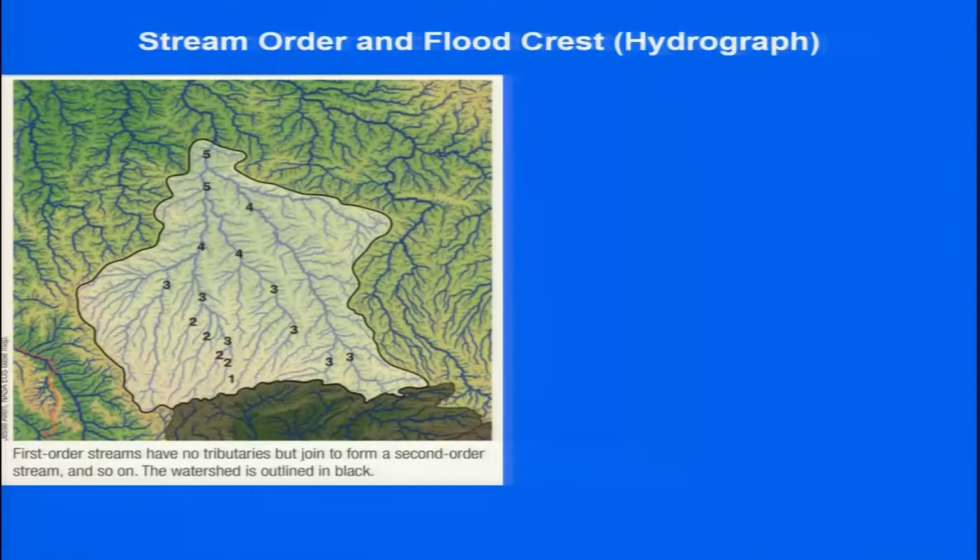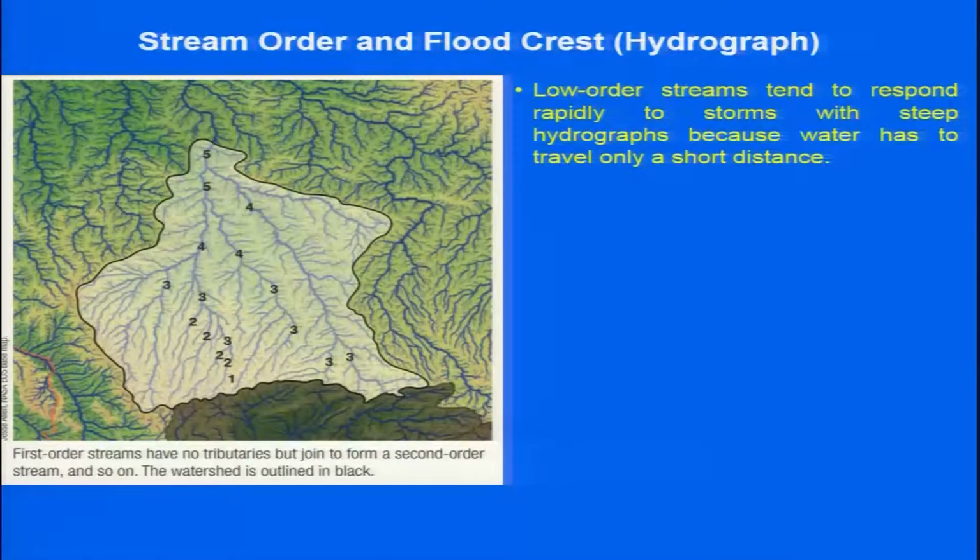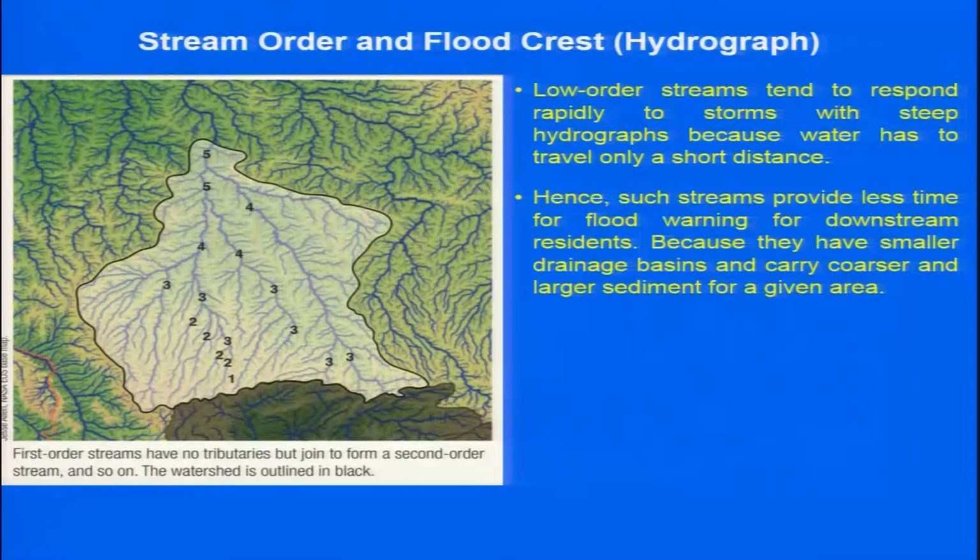Stream order is important, as I was discussing. Lower order streams tend to respond rapidly to heavy rainfall or storm with a steep hydrograph, because water has to travel only a very short distance. So a larger number of smaller streams will result in very quick flooding of the main stream.